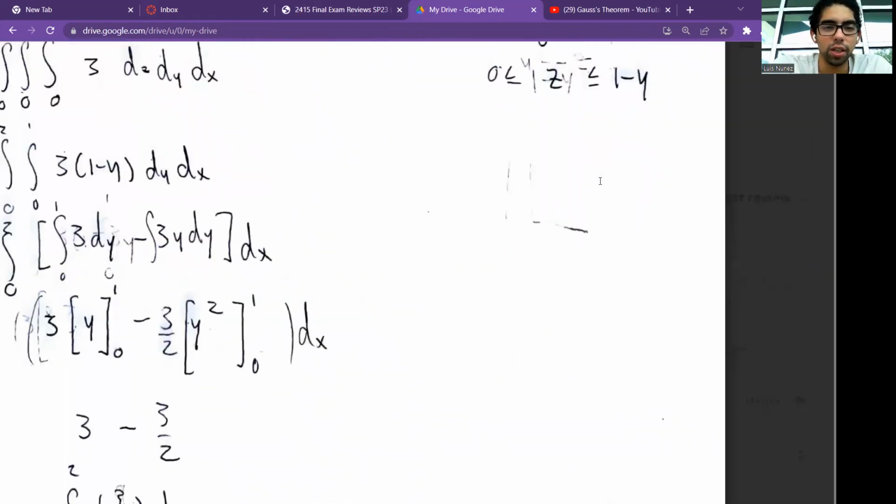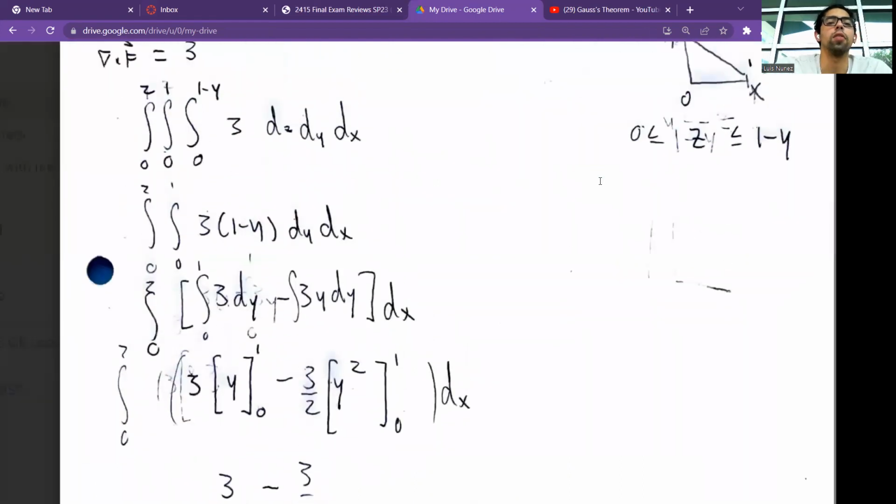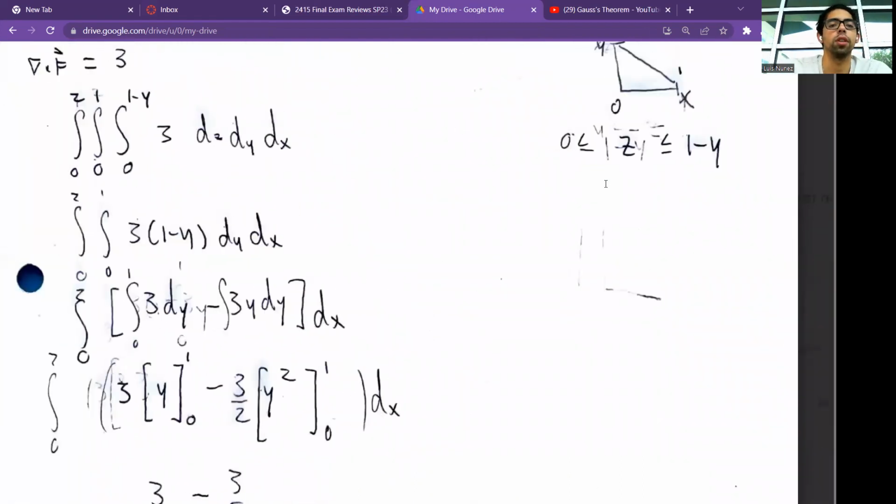The first thing I did was integrate the first domain. The integral of 3 dz is just 3z, and when you put in the bounds 1 minus y and 0, you get 3 times 1 minus y, dy dx.